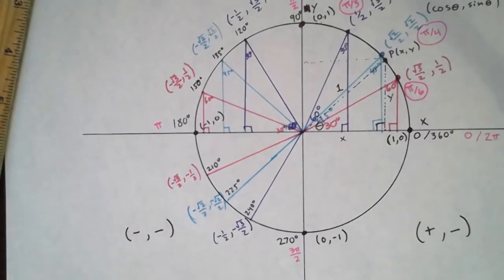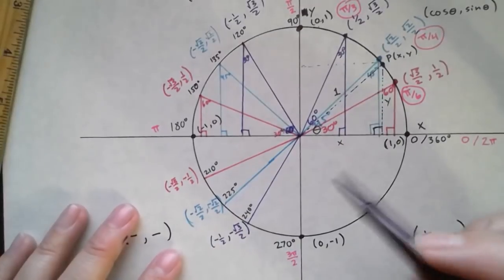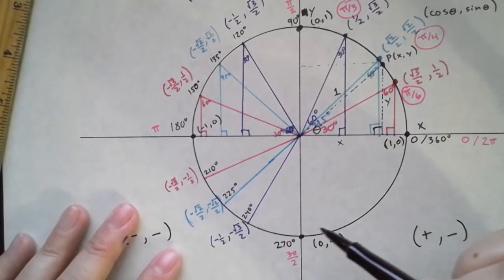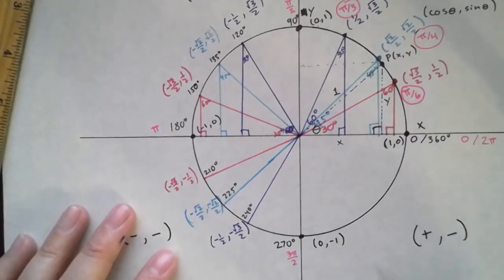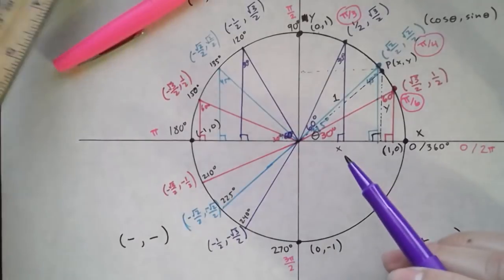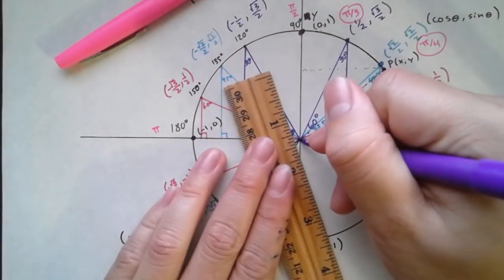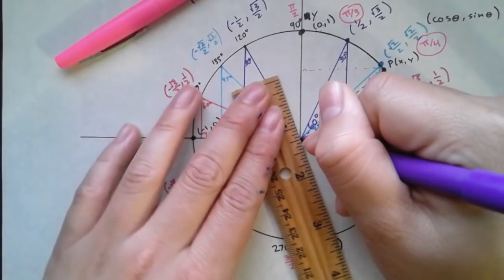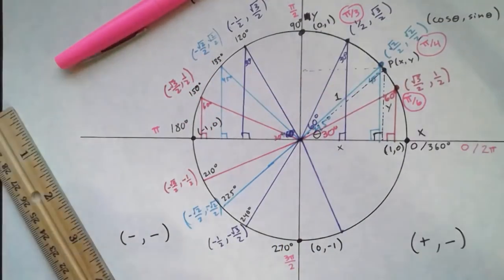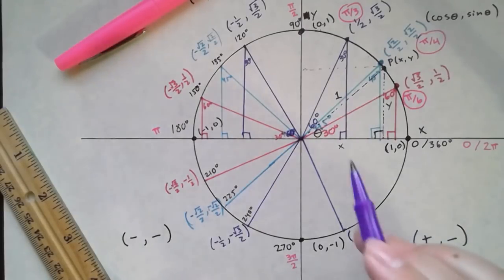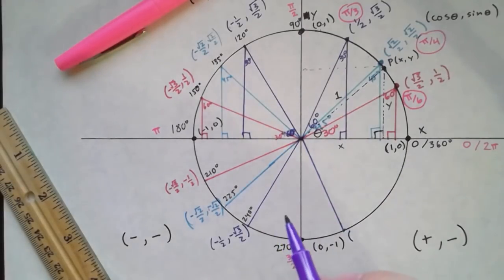Finally, the fourth quadrant works the same way. Okay, so let's do purple first. I add another 60 degrees and I fall somewhere here. That's going to be 300 degrees. I fall somewhere there. Okay, and this is the fourth quadrant, so my x's are now positive again, but my y's remain negative.